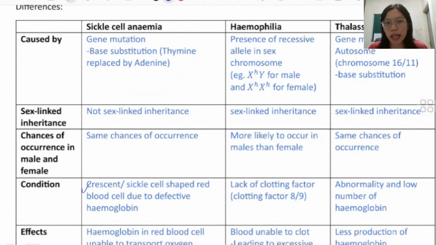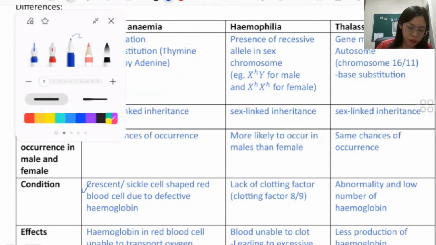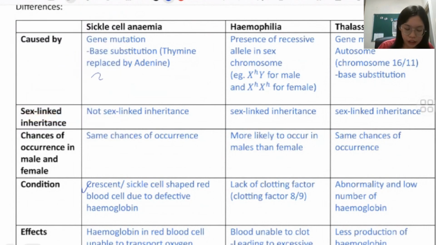It is categorized as base substitution, whereby the thymine base is replaced by adenine. Therefore, it will produce valine instead of glutamic acid.